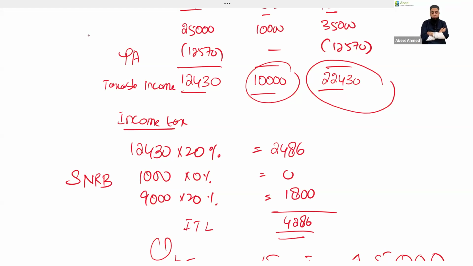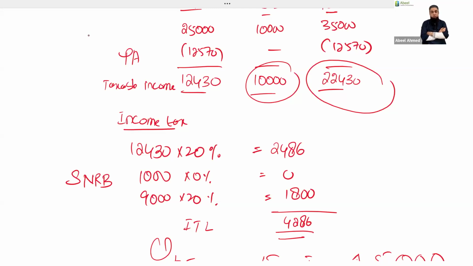In today's class, we have discussed how to calculate income tax liability if there's a saving income as well. We did not discuss the rule of starting rate band yet. In the coming class, class number 3, we will discuss how to calculate income tax liability again, including how to utilize and where to use starting rate band.